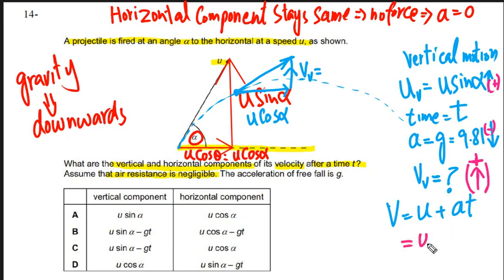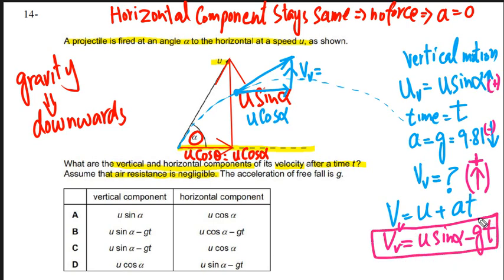So now just plug in values, that's all. u is positive, so this is u sine of alpha minus g times t. This is the vertical component of velocity after time t. If you look at these options, this is not a possible answer, this is also not possible.